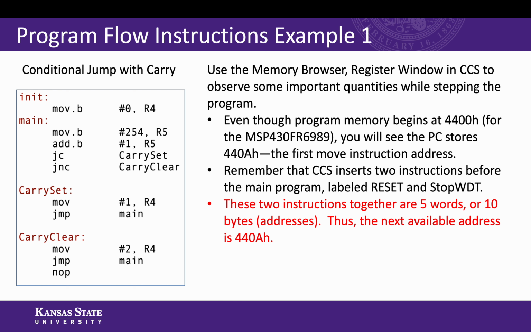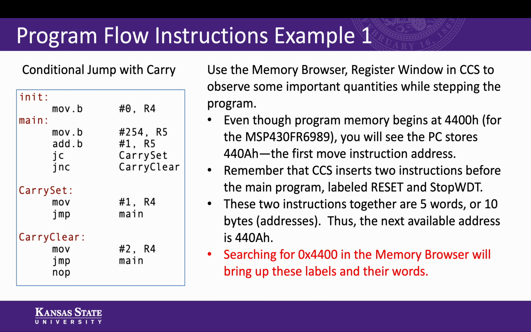Thus, if we start at 4400 in program memory, the next available address, if you do the addition, is 440A, which is where our program will start. Neat, right? And you can verify this in the memory browser.